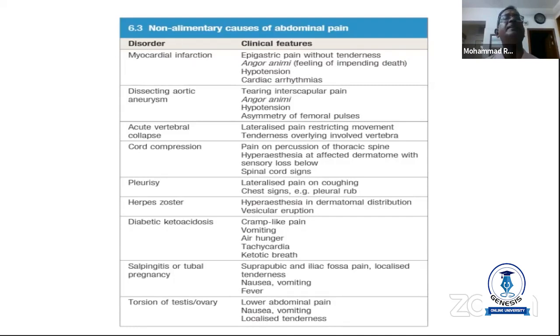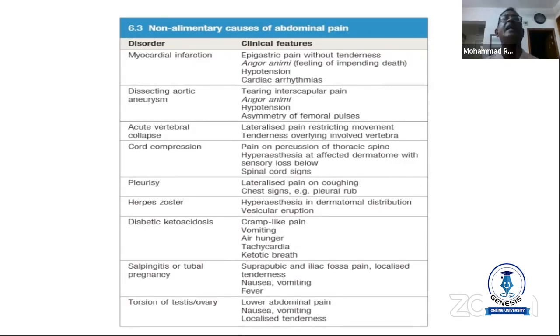The patient might have dissecting aortic aneurysm pain. It is a non-abdominal cause. This is a tearing interscapular pain. The patient tells you, I have severe interscapular pain, something is tearing within my body, with feeling of impending death, hypotension and asymmetrical femoral pulse.